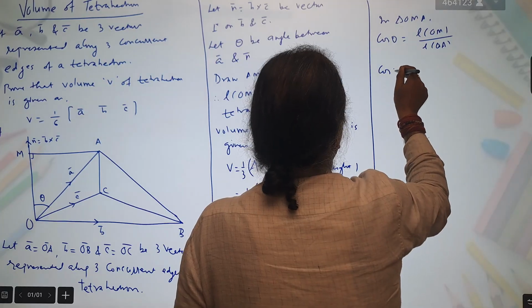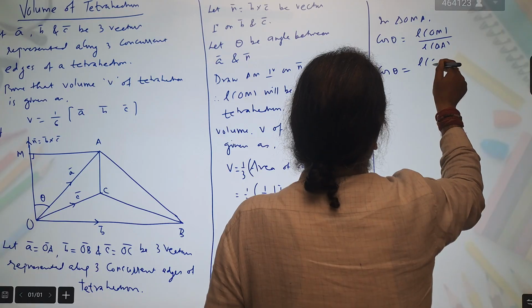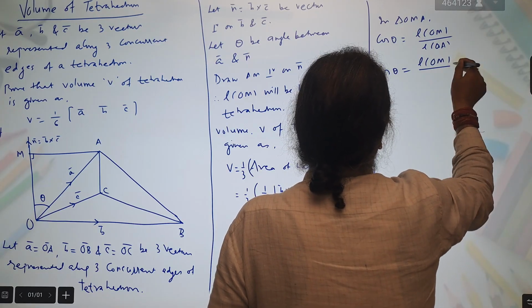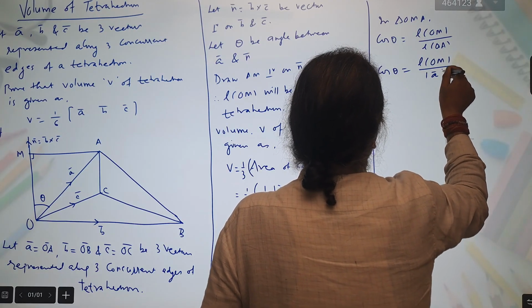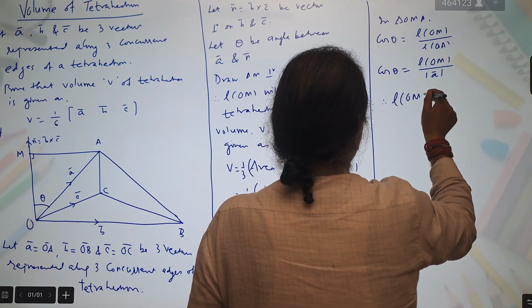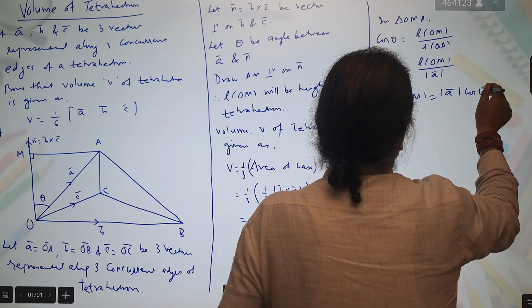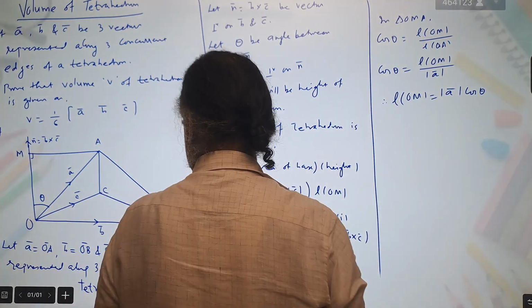So cos theta is length OM upon mod A bar. So length OM is mod A bar cos theta.